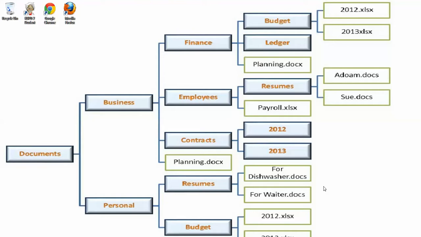Let's say another question would be, okay, I want to create a new budget file for my business. Which folder should I save it under? Or another question would be, okay, I have a new accounting entry.